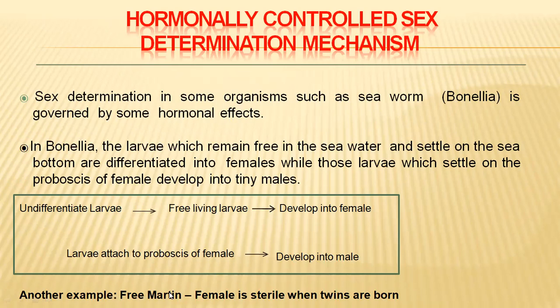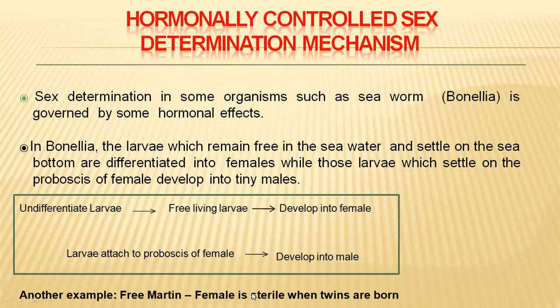And another example is the freemartin. In cattle, we can see in some cases that the cow gives birth to twins. If both twins are females or both twins are males, no problem will be there. But when the twins are one female and one male, usually the female will be sterile and only the male will be fertile. Why?